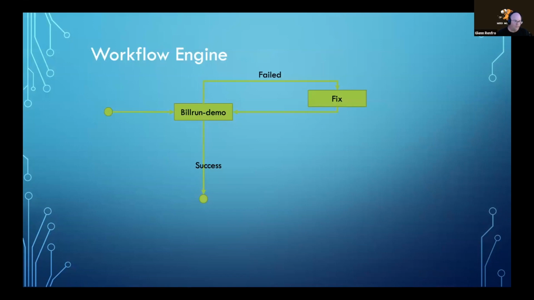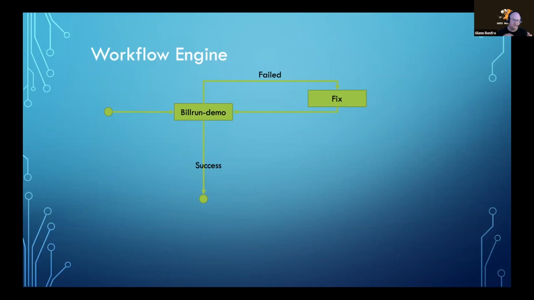Then, what about now? You say, well, streams are fine, but I really don't want to use my Kafka instance or my Rabbit instance to do that. What else is out there? Well, there are several workflow engines out there that allow you to design a DAG, a directed graph.